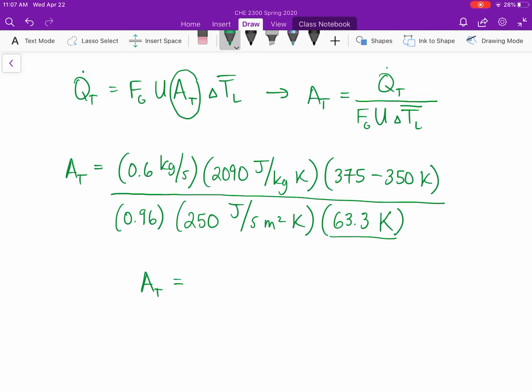If I've done my math correctly, the total area of heat transfer that is required for our one shell side pass and 4 tube side pass heat exchanger is 2.06 meters squared.